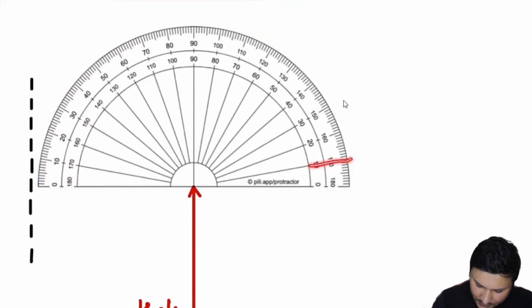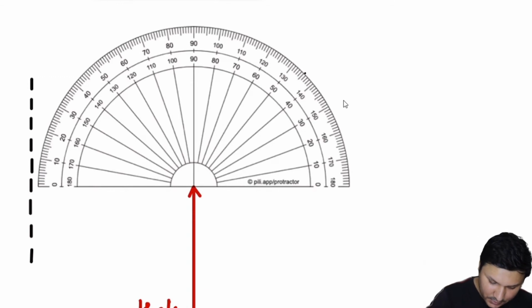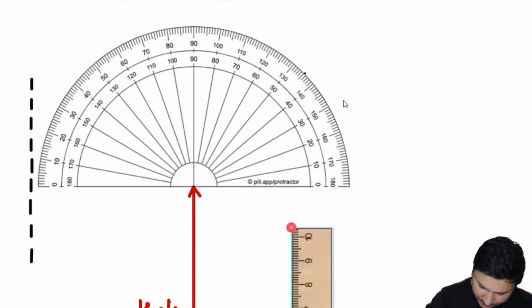So 10, 20, 30, 40, and this is 45. What I will do, I will just put a small point over 45 degrees so that when a scale or ruler is placed, it can be easily placed exactly on a 45 degrees angle from north. So let me bring a scale or ruler.